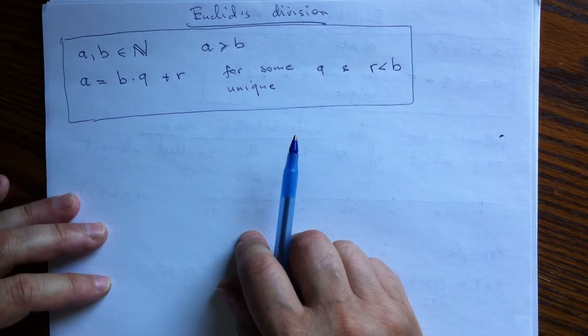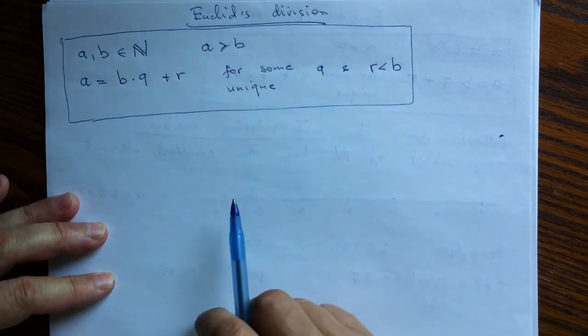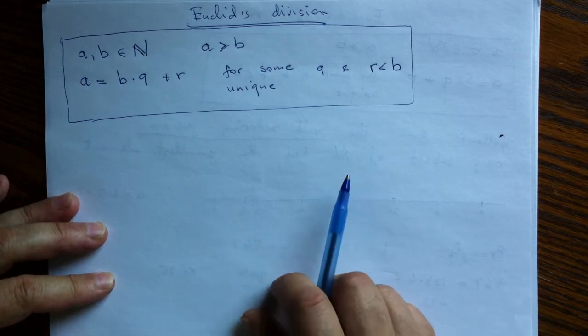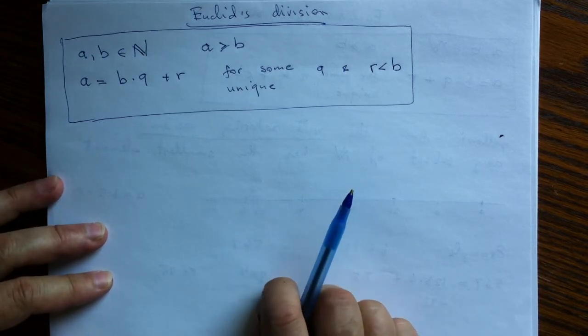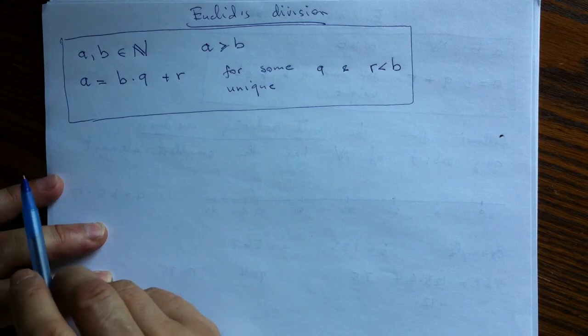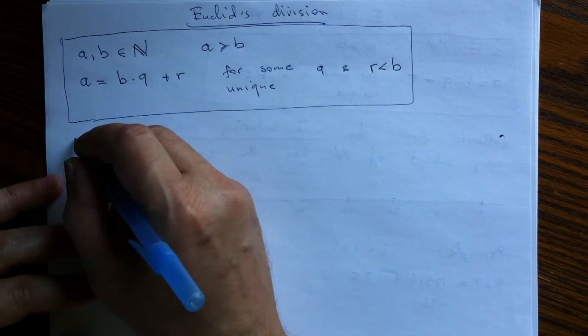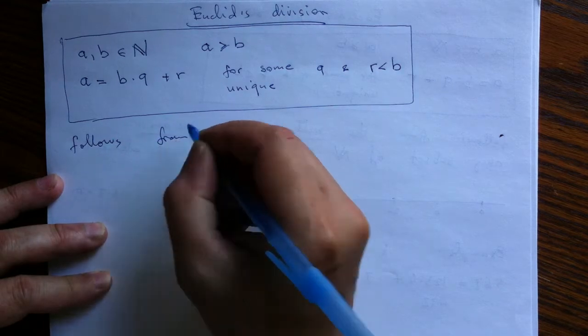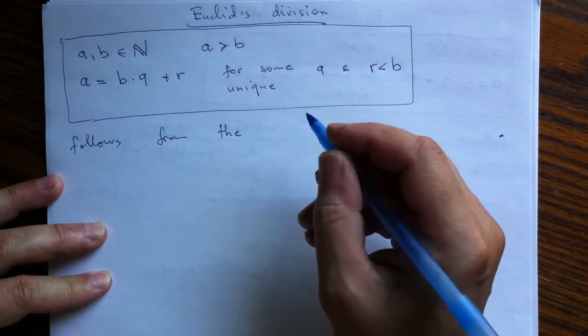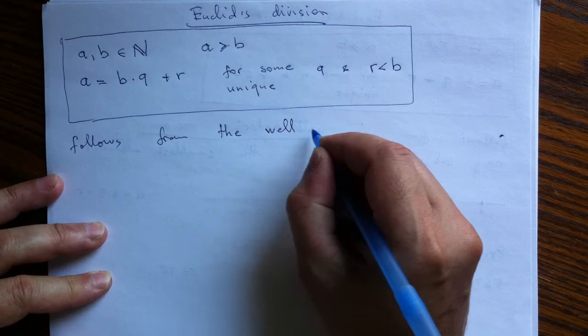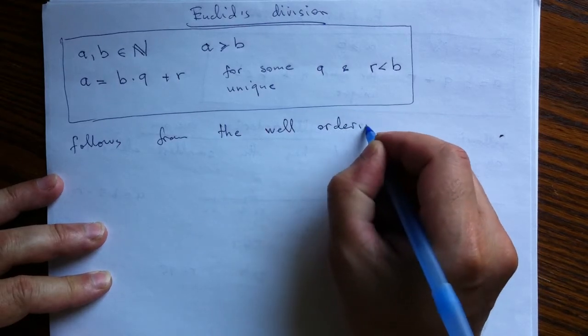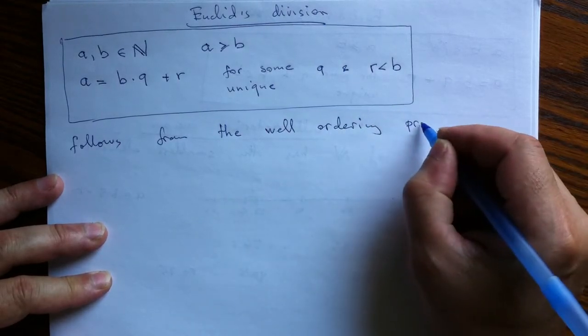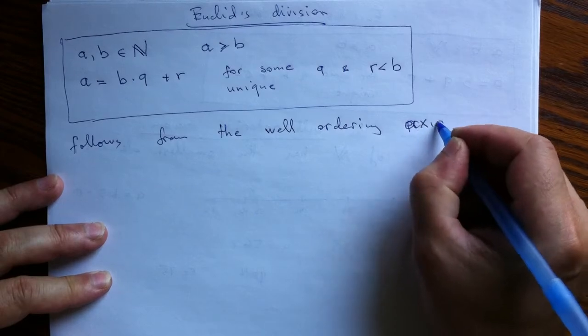In mathematics, everything is to be proved, which means that some things are explained in terms of other things which are presumably easier. So in this case, the easier thing will be the so-called well-ordering principle, or axiom rather.